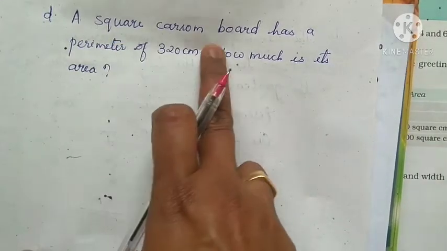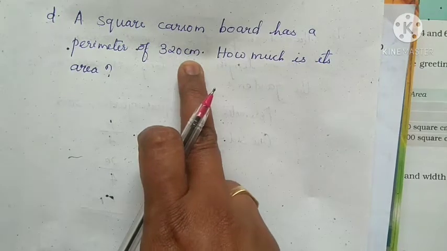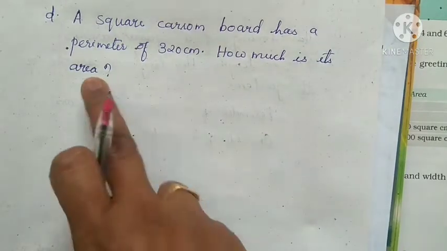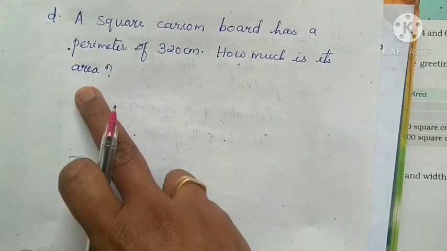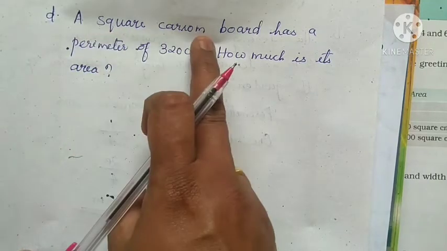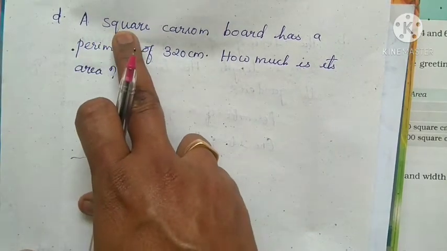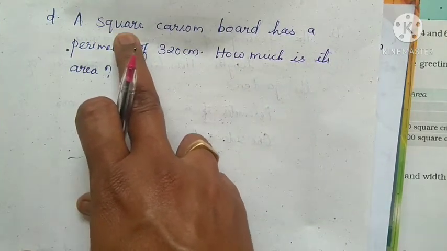Next question. A square carom board has a perimeter of 320 centimeter. How much is its area? We needed to find out the area of the square carom board. But here the perimeter of the carom board is given. So which shape does the carom board have? Square shape.